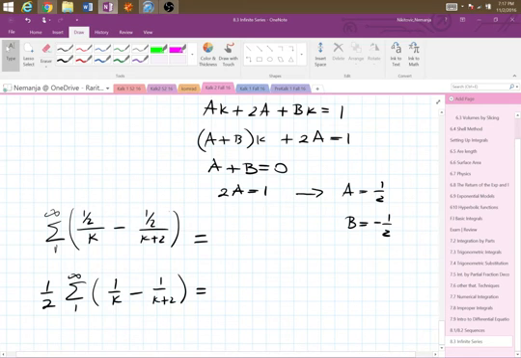So now we have to write the terms out. And that would be one minus 1/3, right? Plus 1/2 minus 1/4.